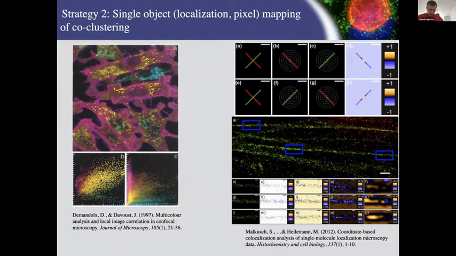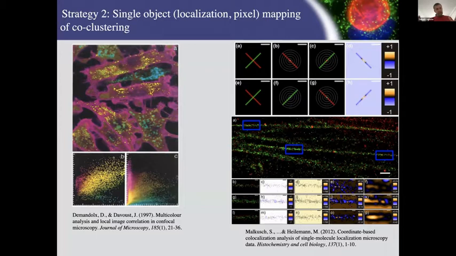So the idea is to look at each pixel or each localization and look around to see if there is any co-clustering, high density of the two probes or the two colors.